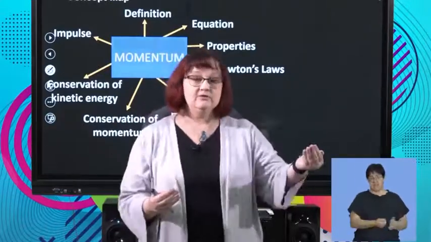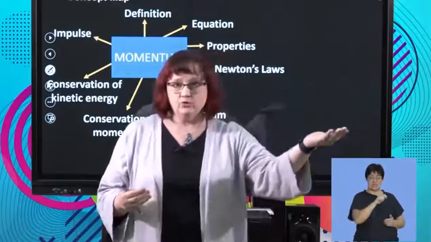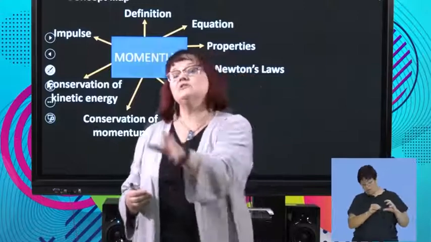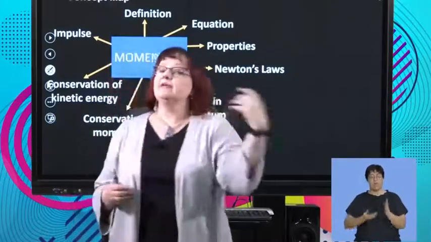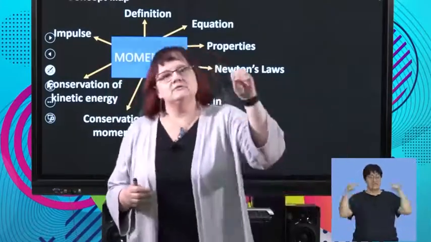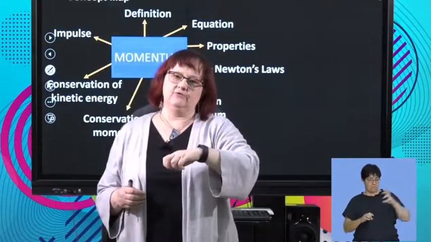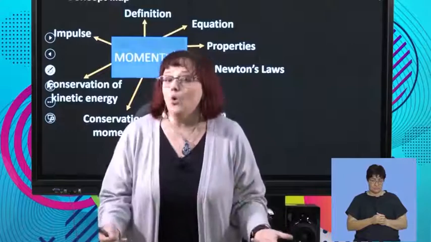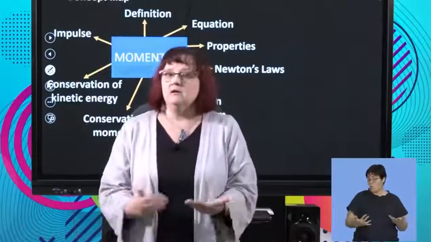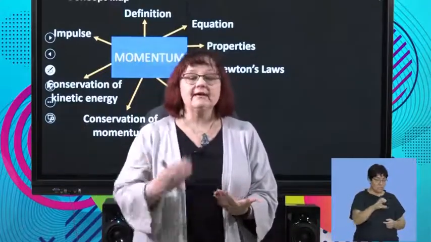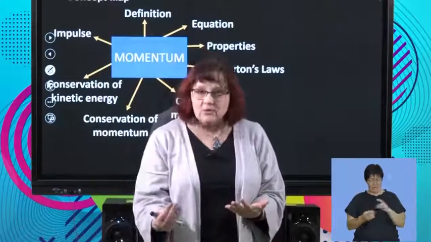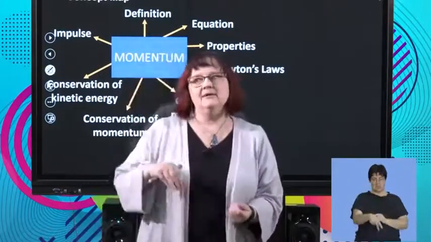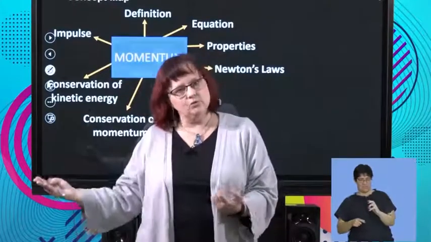So you can either go, when a net force acts on an object, the object will accelerate in the direction of the net force with an acceleration that is directly proportional to the net force and inversely proportional to the mass. Or you can tell me that the net force acting on an object is equal to the rate of change of momentum in the direction of the net force.